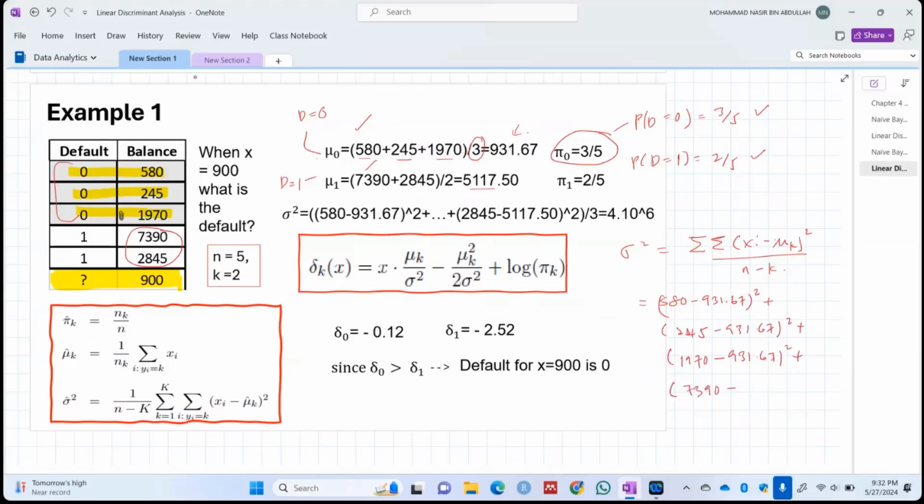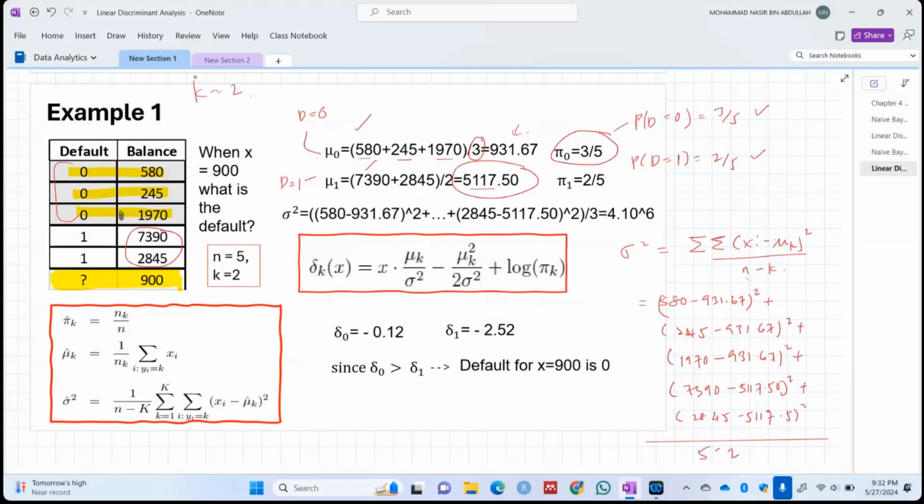7390 minus the mean for class number 2, 5117.50, squared, plus 2845 minus 5117.5 squared. Divide by n minus k. n we have 5, k we have 2 classes, k equal to 2.